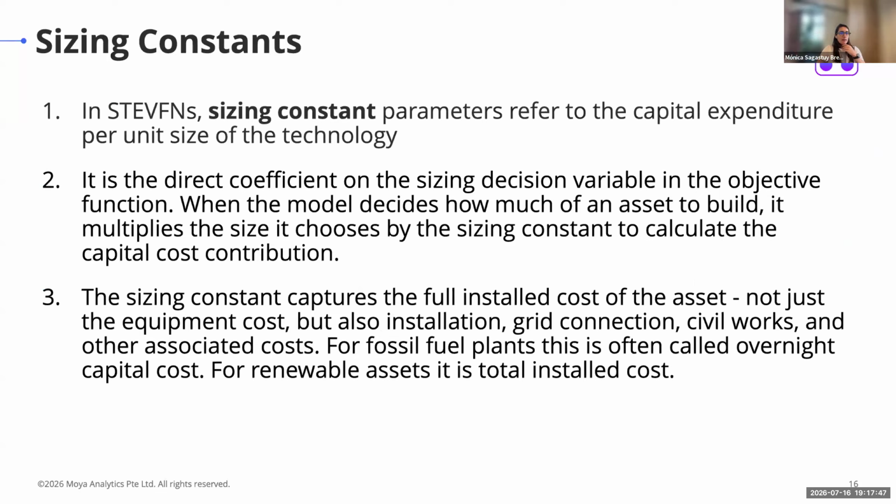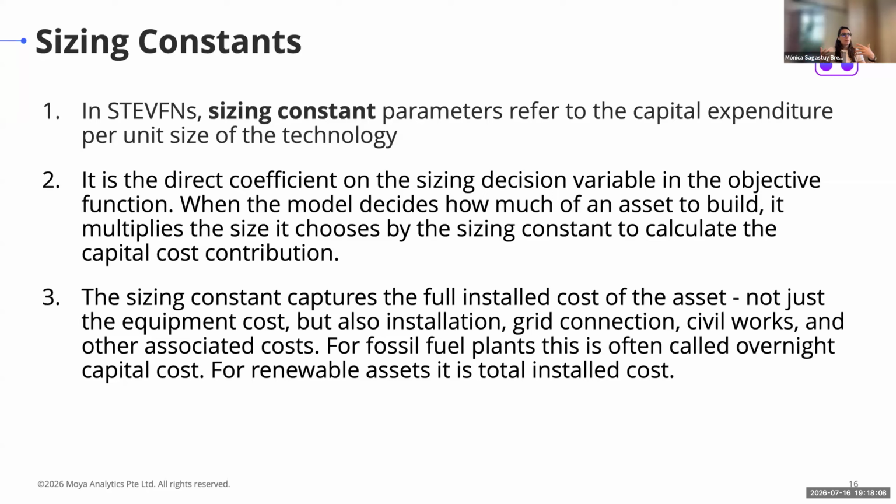Okay. The first parameter that I want to go into is the sizing constant. This refers to the capital expenditure or the capital cost of an asset per size of that asset, which is why it's called the sizing constant. This should capture the full installed costs of the asset.